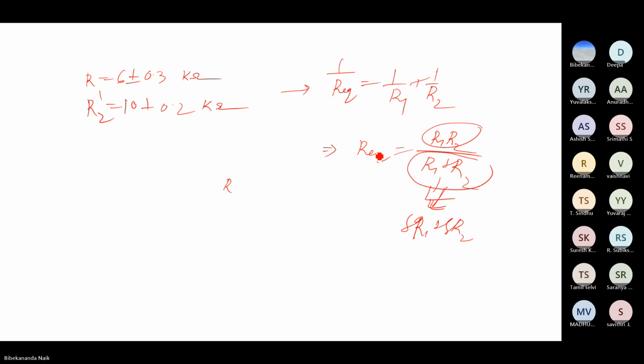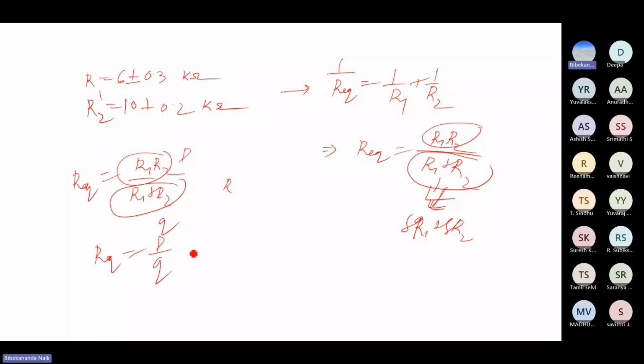We can consider R1 R2 as one quantity, suppose this is P, and R1 plus R2 as Q. So R equivalent is P by Q. Then delta R equivalent by R equivalent will be delta P by P plus delta Q by Q.